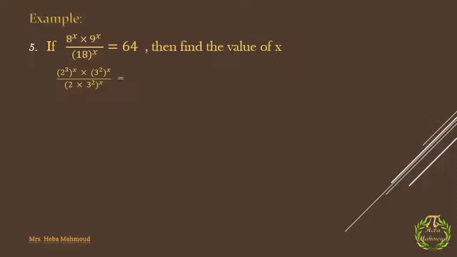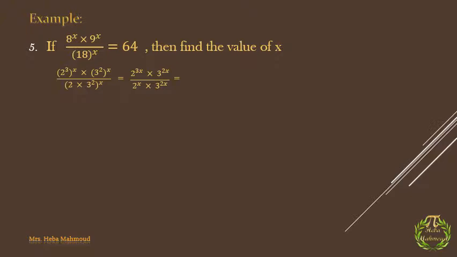Now, using the rules of the power, the numerator will be 2 all power 3x, because power and power we will make a multiplying for them, so it will be 2 power 3x times 3 power 2x, and the denominator will distribute the power, so it will be 2 power x times 3 power 2x.